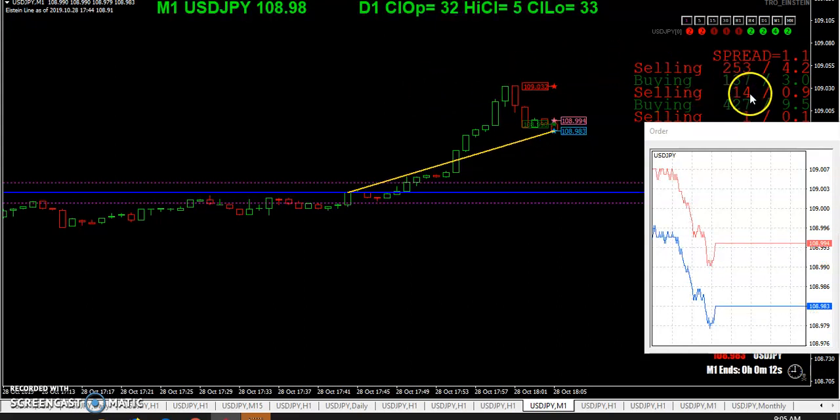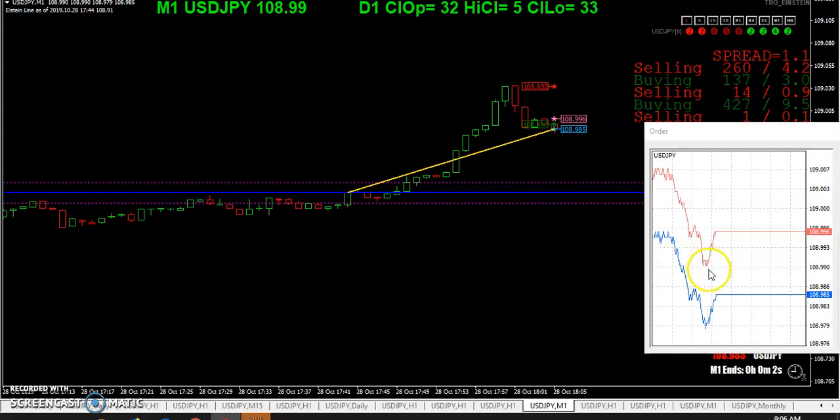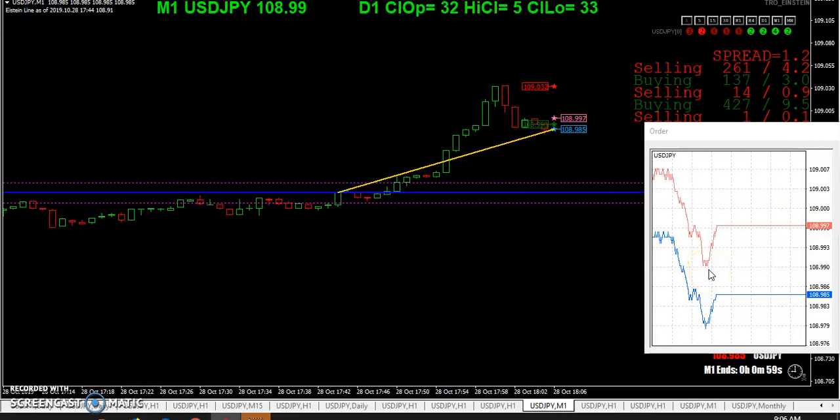But of course, you have to remember there is some wiggling here as it goes between buying and selling. So right now we're looking to see if the bid can get above 108.99 for buying to commence.